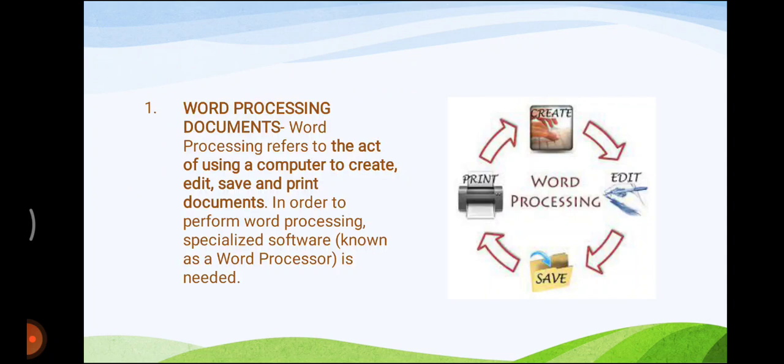A typical word processor enables the user to create documents, edit them using the keyboard and mouse, store them for retrieval, and print them to a printer. One example of a word processor is MS Word or Microsoft Word.